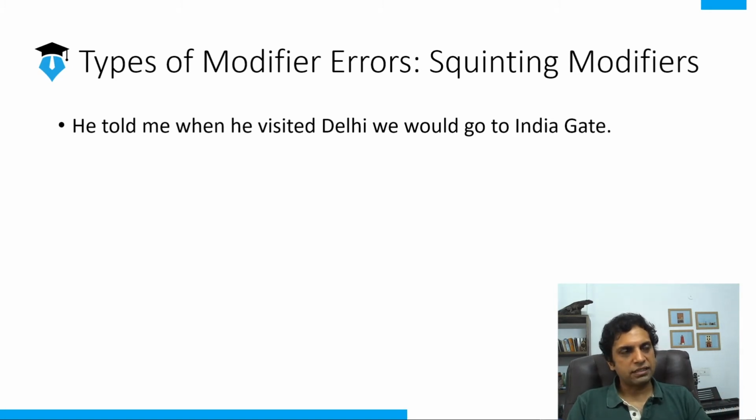You can't have one right answer which says, when he visited Delhi, he told me that we would go to India Gate, and another option saying he told me that we would go to India Gate when he visited Delhi. Both of those are perfectly valid corrections for this. And without knowing the context, you actually can't pick one. Therefore, if you get this kind of a problem in sentence correction, they have to give you only one of these options as a potential correct answer.